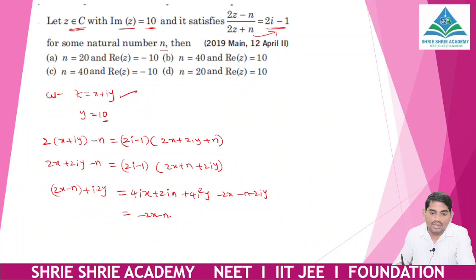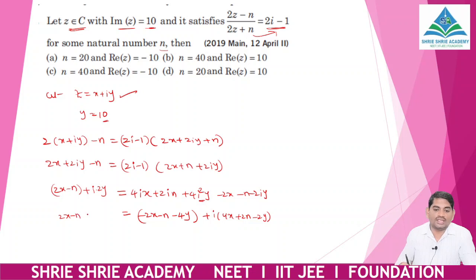Minus 2x minus n, iota square value is minus 1, minus 4y. And what is the imaginary part? 4x plus 2n minus 2y. So left side 2x minus n plus iota 2y.